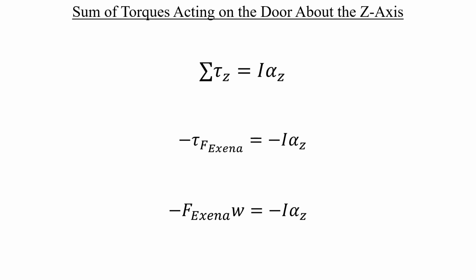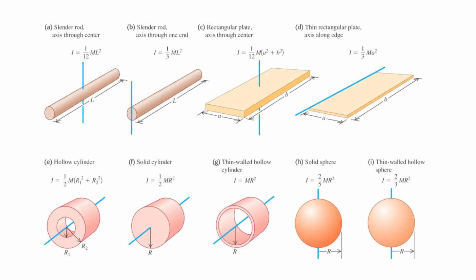From here, the goal is to isolate the angular acceleration variable and use that in a rotational kinematic formula to solve for a time. To do that, we're going to need a moment of inertia expression first. And unfortunately, there's no option in our table resembling the shape of a castle door.